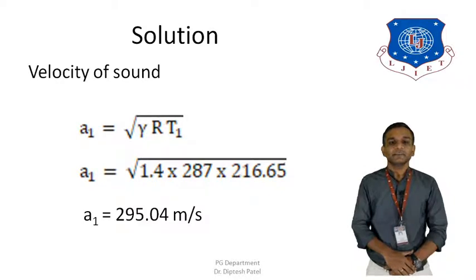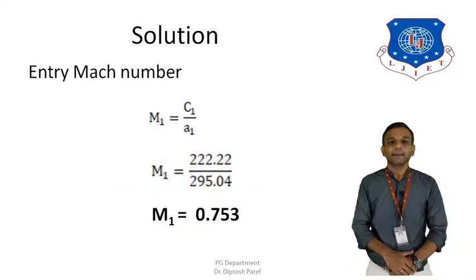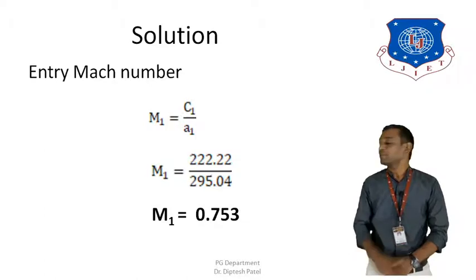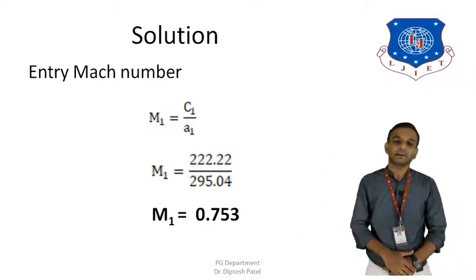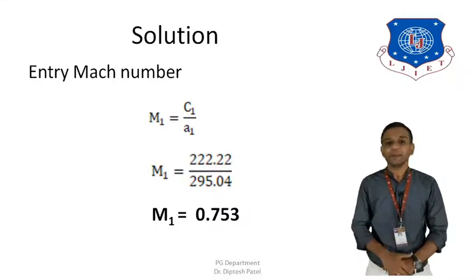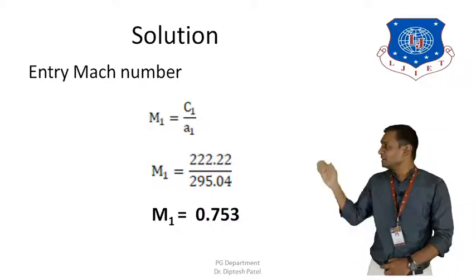Now it's time to calculate the Mach number at section 1, M1. Since we have both the values C1 and A1, I should be able to calculate the Mach number at the entry. We know that M is the ratio of object velocity to the sound velocity. So I should be able to write M1 is equal to C1 divided by A1. Let's put the values.